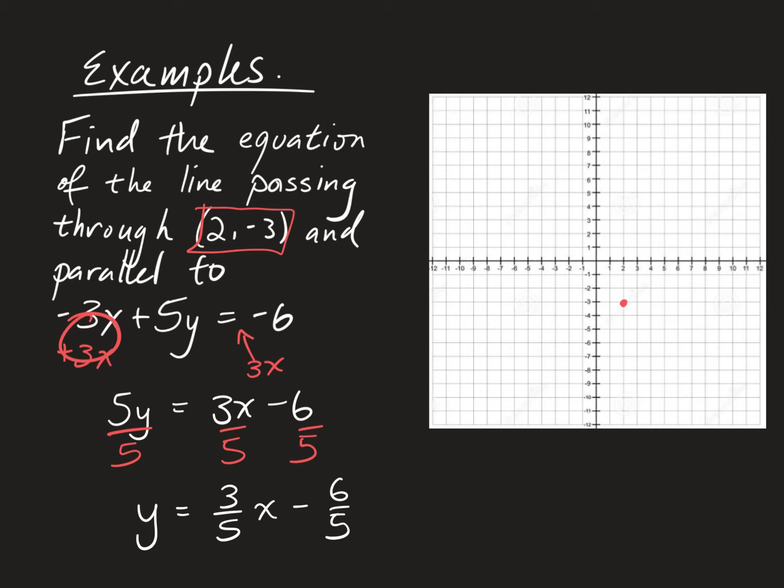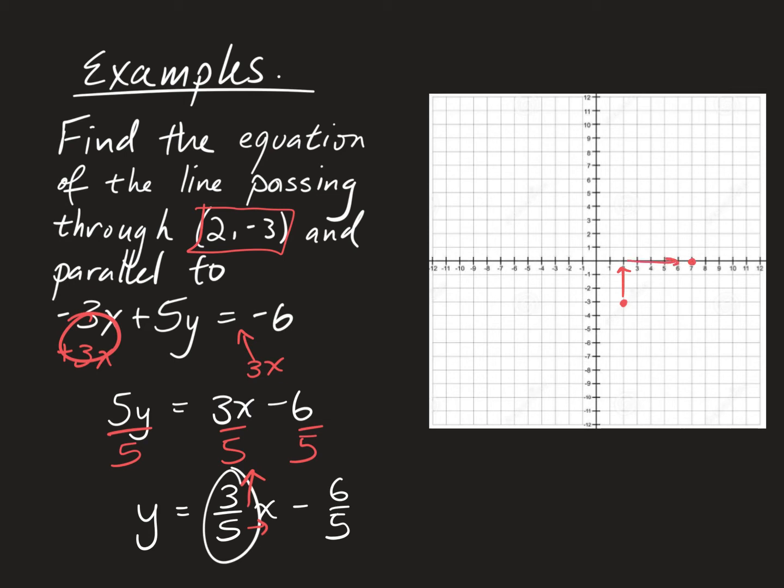So using this slope, we will rise 3 and run 5. And since 3 is positive, we're going to go up. And since 5 is positive, we're going to go right. So up 3, right 5, right there.